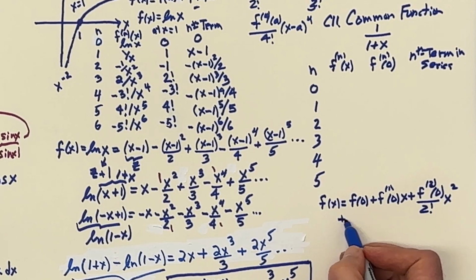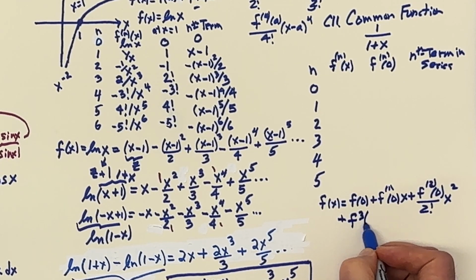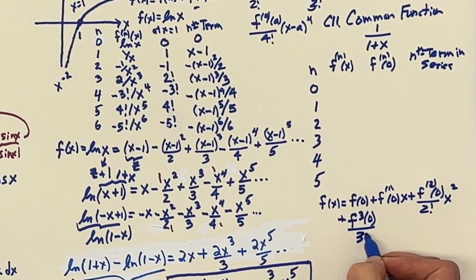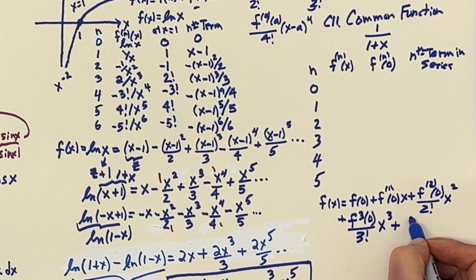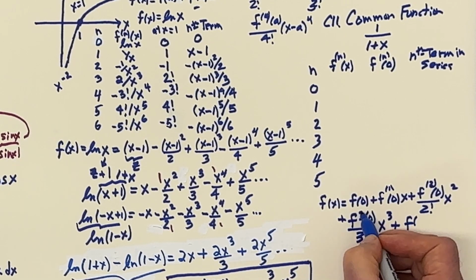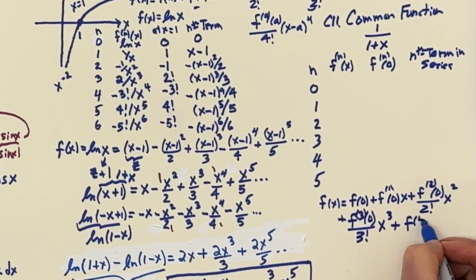So the next one would be the third derivative at 0 over 3 factorial, x cubed, and then the fourth derivative evaluated at 0 over 4 factorial, x to the fourth.